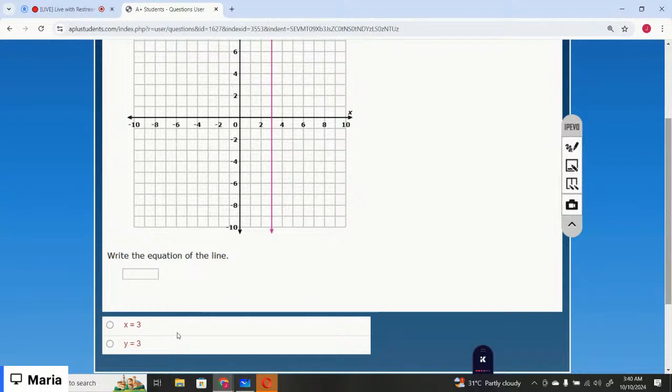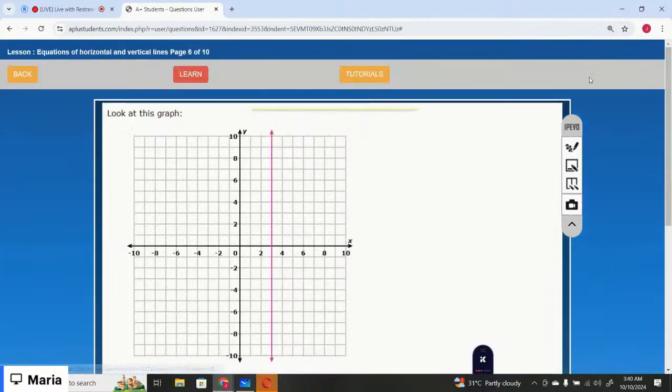Very good. That is x equals 3. Option number 1 is the correct option.